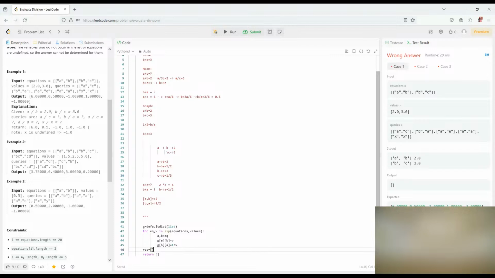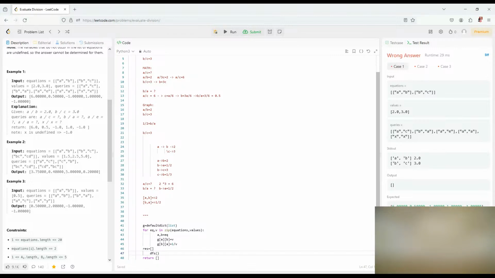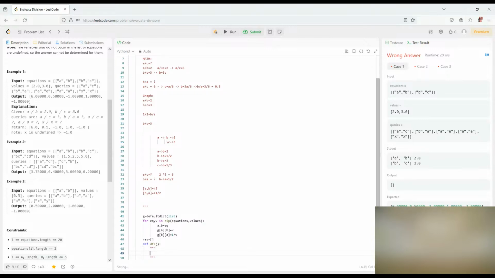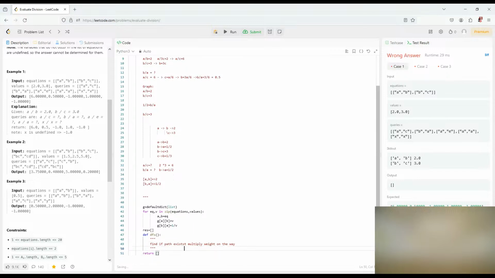So we create some kind of results. We create DFS, which accepts some query and does some weird stuff like finding if S exists and multiplying the weight on the way.